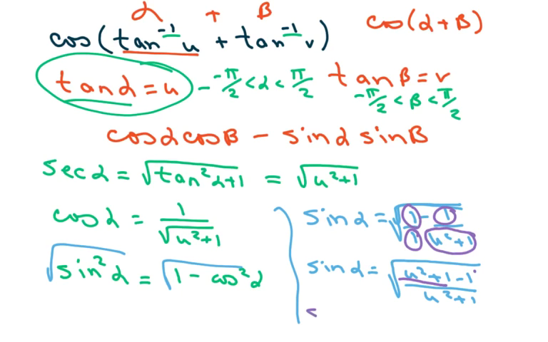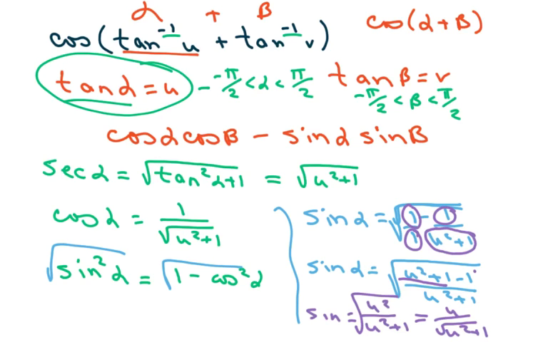And when you simplify that, you're going to get u squared over u squared plus 1, that's the square root, and further simplifying that would be u over square root of u squared plus 1. I just simplified the numerator there. Okay?